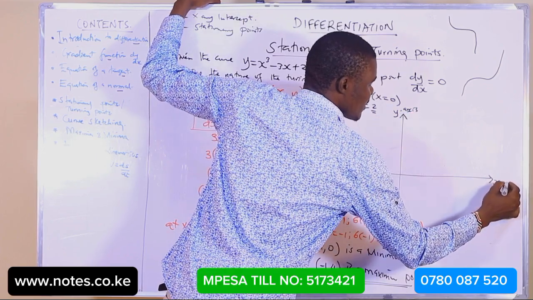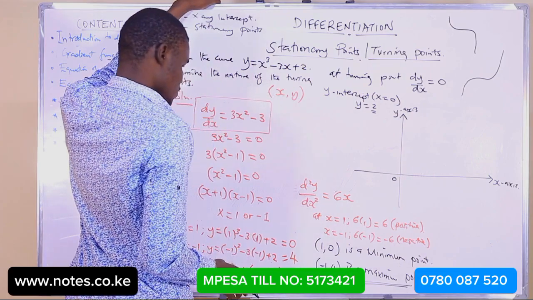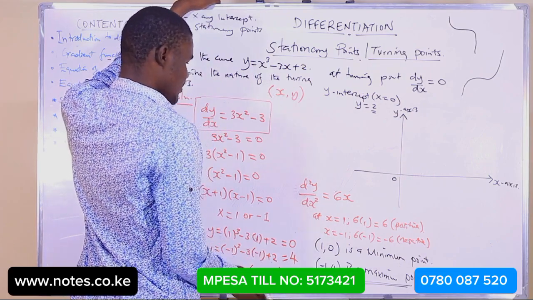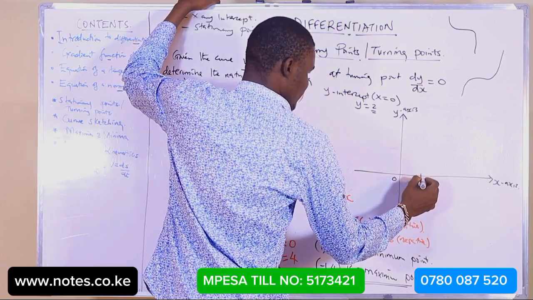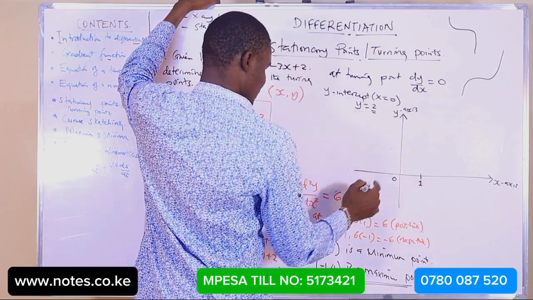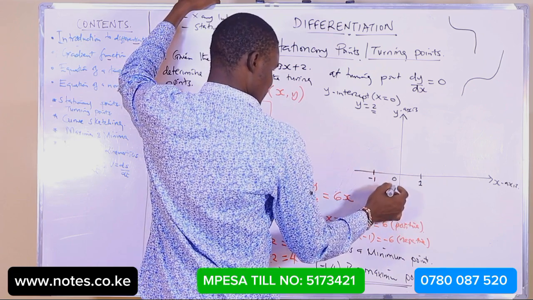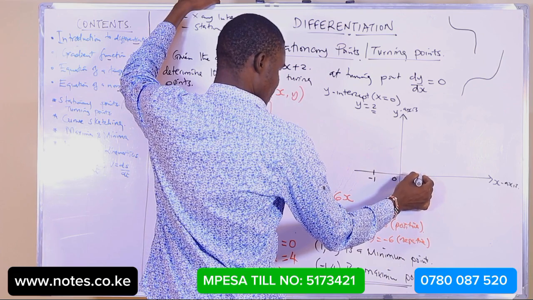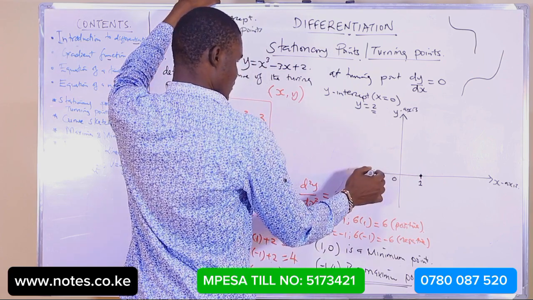And also label the Cartesian plane. So we are going to plot these points. For example, (1, 0), we know it is somewhere here. This is the first. Then -1 is here. And then (-1, 4) will be somewhere here.